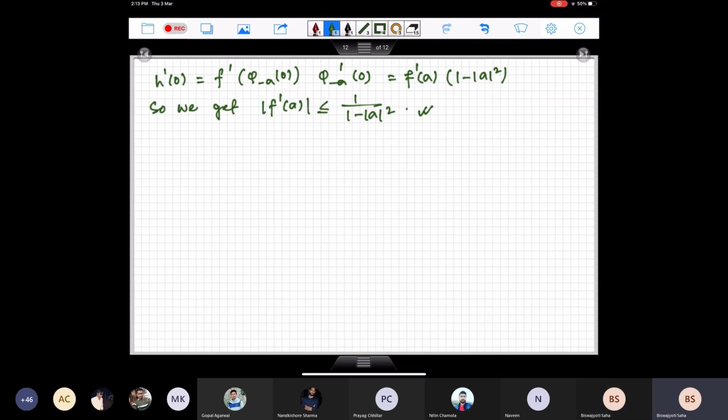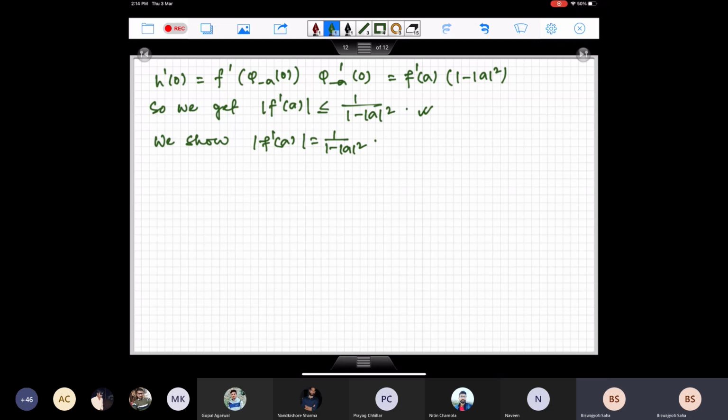Okay, fine. So let us see how I can do this. As I said, we show mod of F prime of A is equal to 1 upon 1 minus mod A square. Now, as I told you, I have so far not used that my function is a bijective holomorphic function.